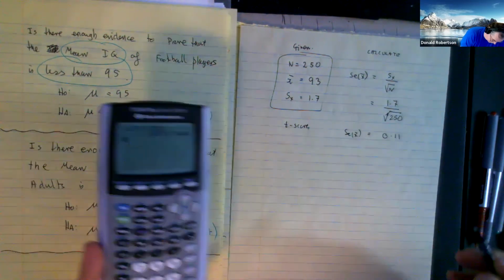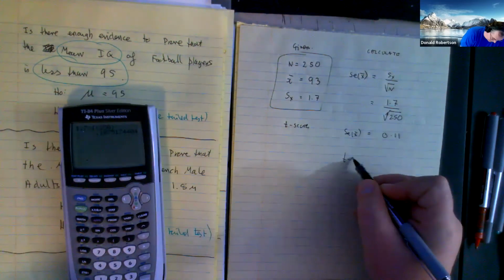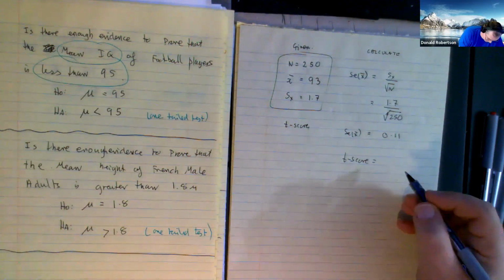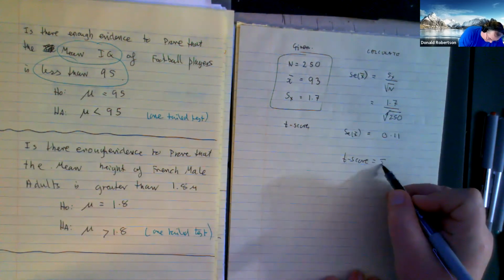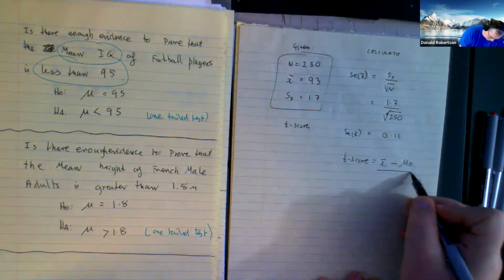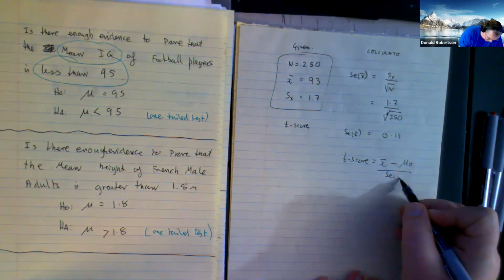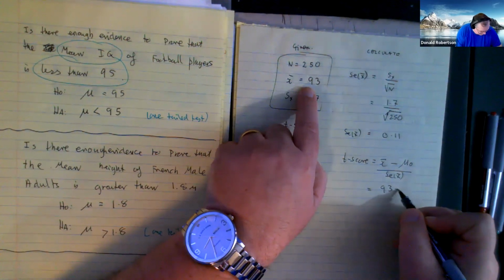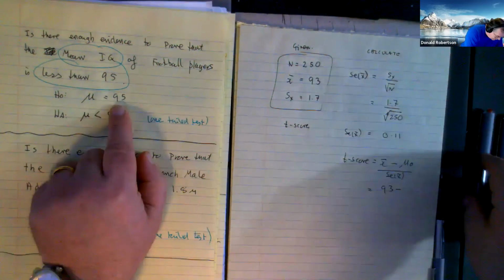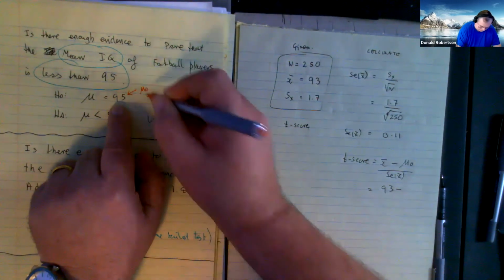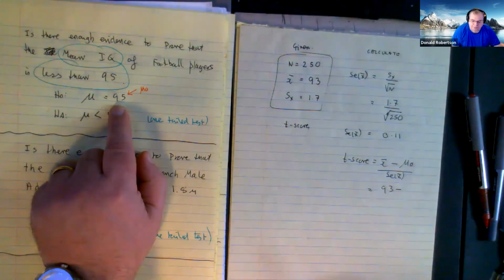And now the t-score. It's the mean, take away mu naught, over the standard error. The mean was 93, and mu naught is the null value.